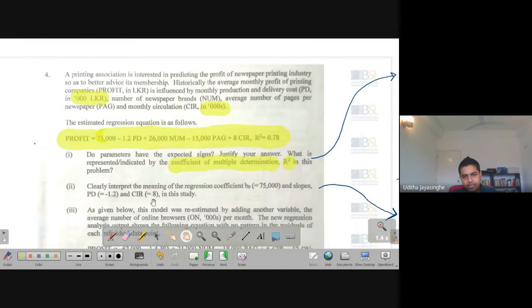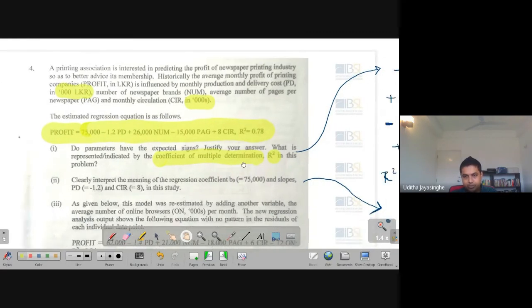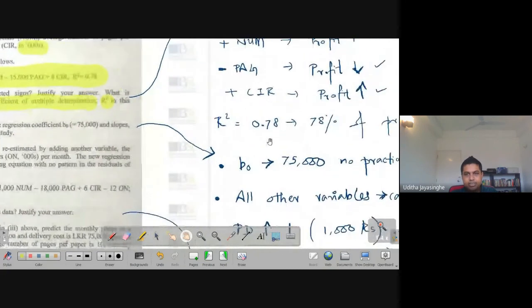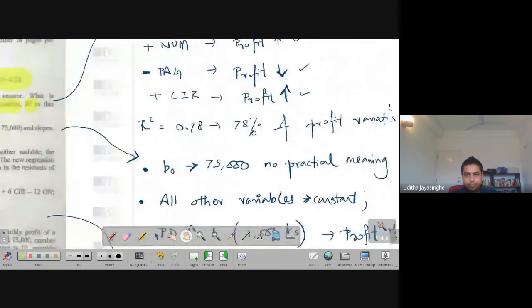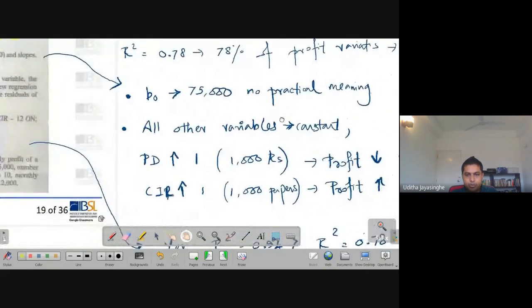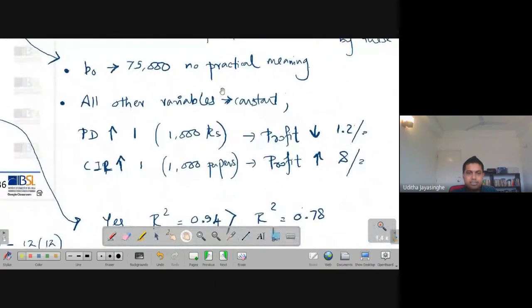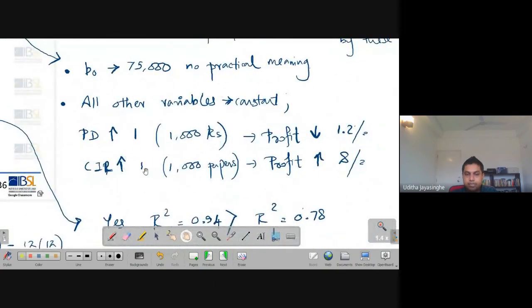Look at this one. CIR is equal to 8. See, CIR is also in thousands. This is how we define CIR. With all other variables being constant, when CIR is increased by 1, that technically means 1000 papers, your profit is going to go up by 8 rupees.